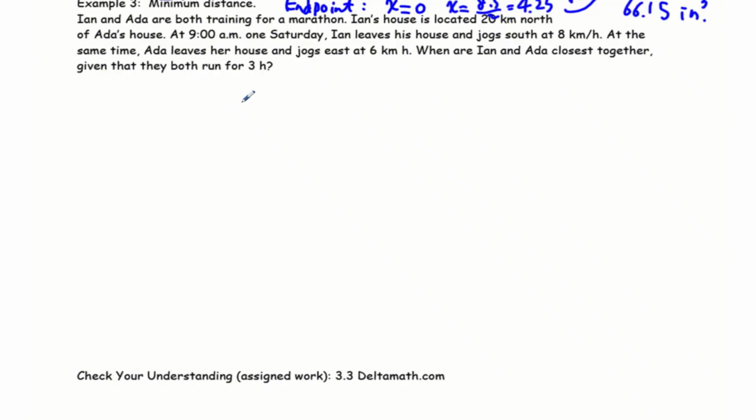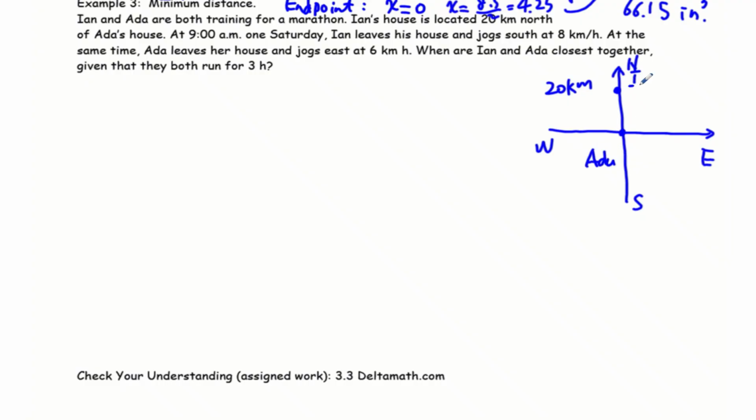In's house is located 20 kilometers north, so we want to draw it. So north is up, south is down, left, west, right, east. Then 20 kilometers north, so this is 20 kilometers north of Ada's house. So Ada's house is here, In's house is here.